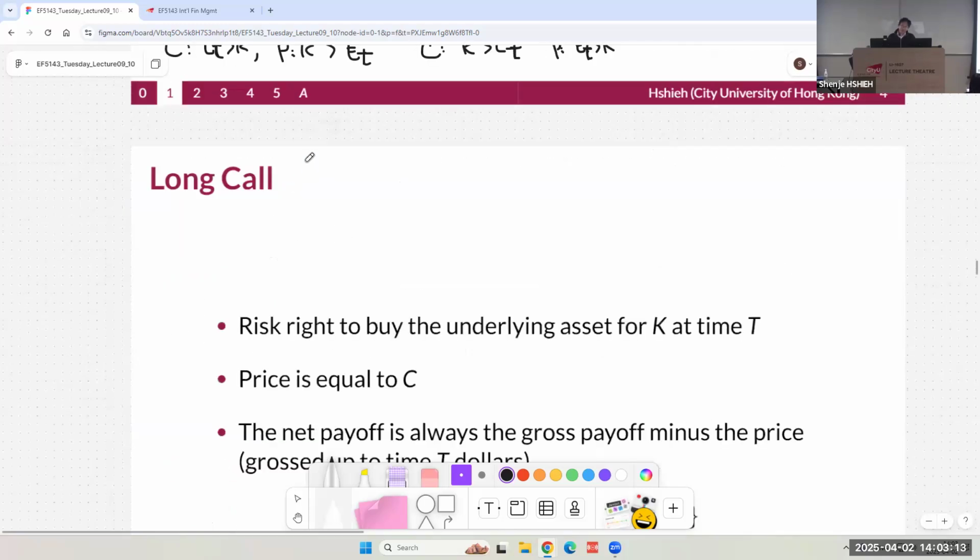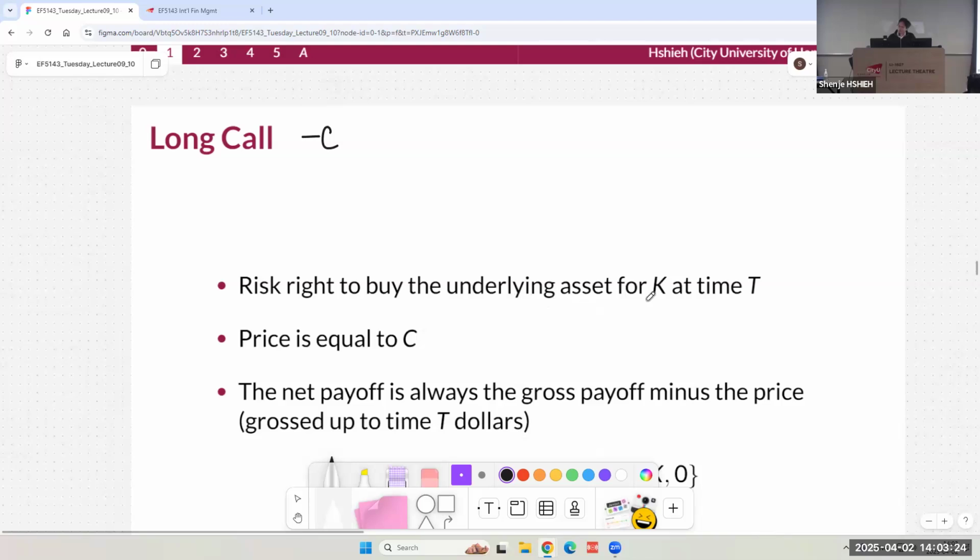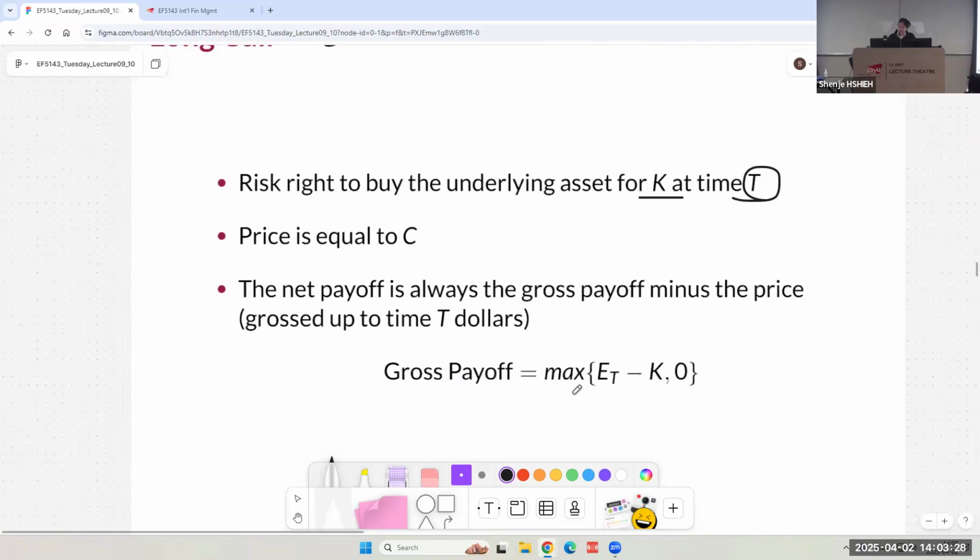So a long call means that I'm paying for a call option. So I have to minus C, okay, in the beginning. But if I pay for it and I hold on to this call option, I have the right to buy the underlying asset for K at maturity T. The net payoff, without considering the cost of the initial purchase of the contract, is the following.